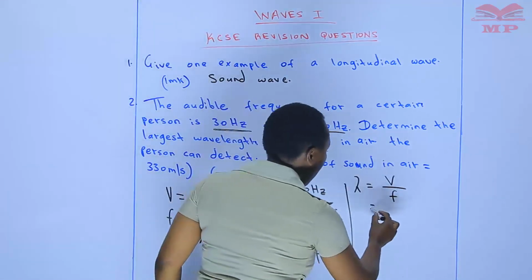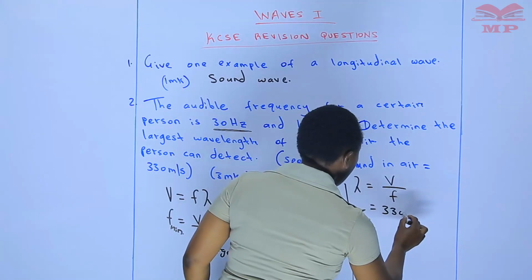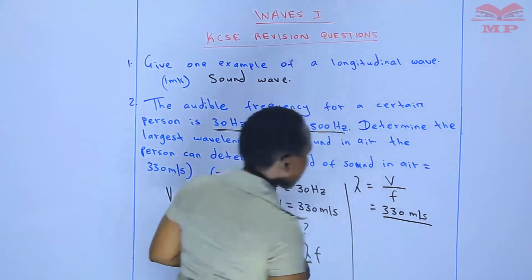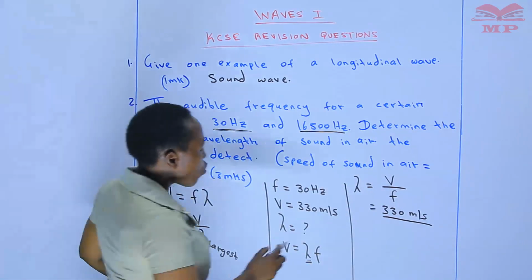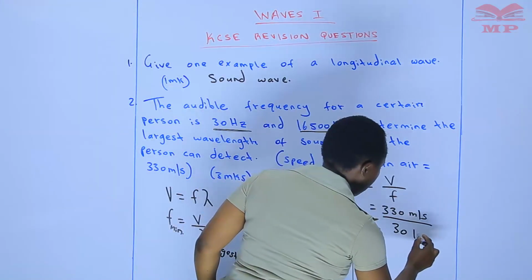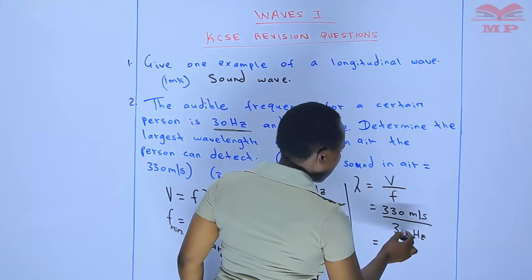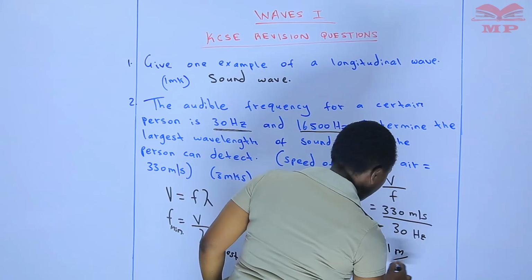So we have 330 meters per second divided by the smaller frequency, which is 30 hertz. When we divide this, we cancel the 0 and the 0, 33 divided by 3, we get 11 meters.